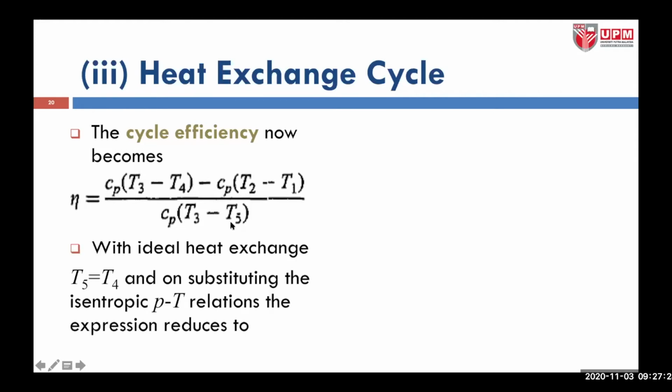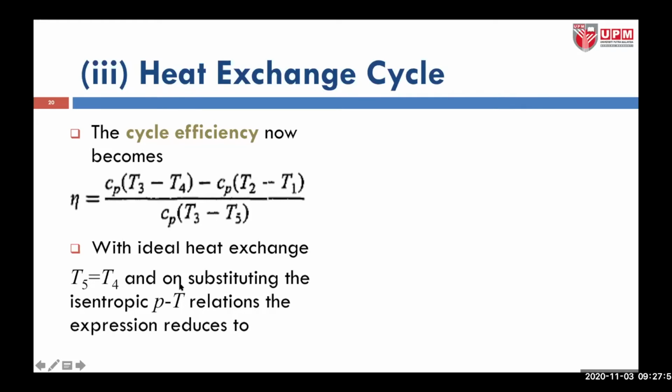Let us see where T5 is coming from. With ideal heat exchange, T5 equals T4. This is the ideal heat exchange situation. And remember, we assume the heat exchange is complete, so the temperature at the turbine outlet equals T5.